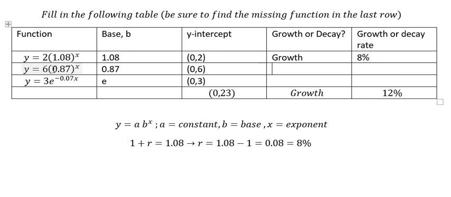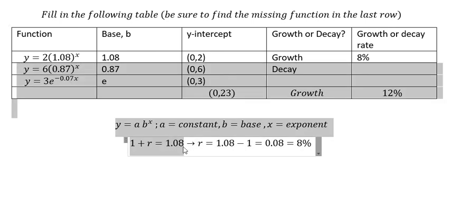We see that this is 0.87, smaller than 1, that is decay. I will put this number here.